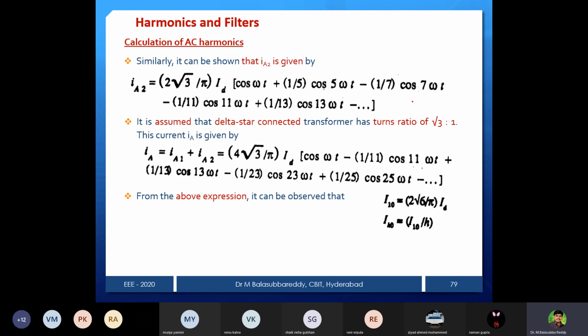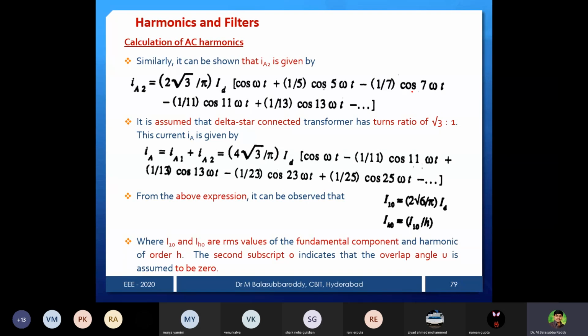Another one, we can see 1 and H, where 1 indicates the fundamental and H indicates the harmonic order. Based on whatever order you want to consider, we can see from the above expression the 2 into root 6 by pi. That means 4 root 3 is there, no? So into ID, that 1 2 will be kept inside.